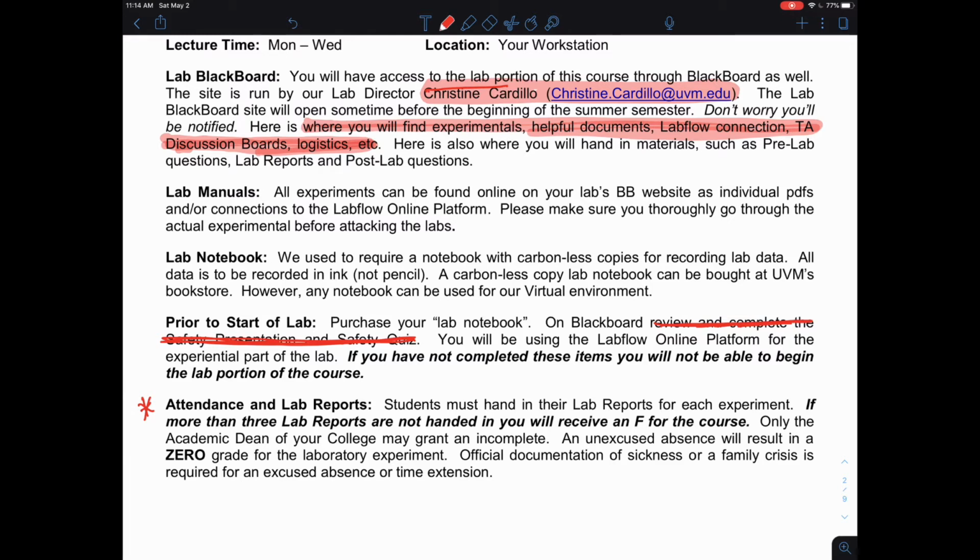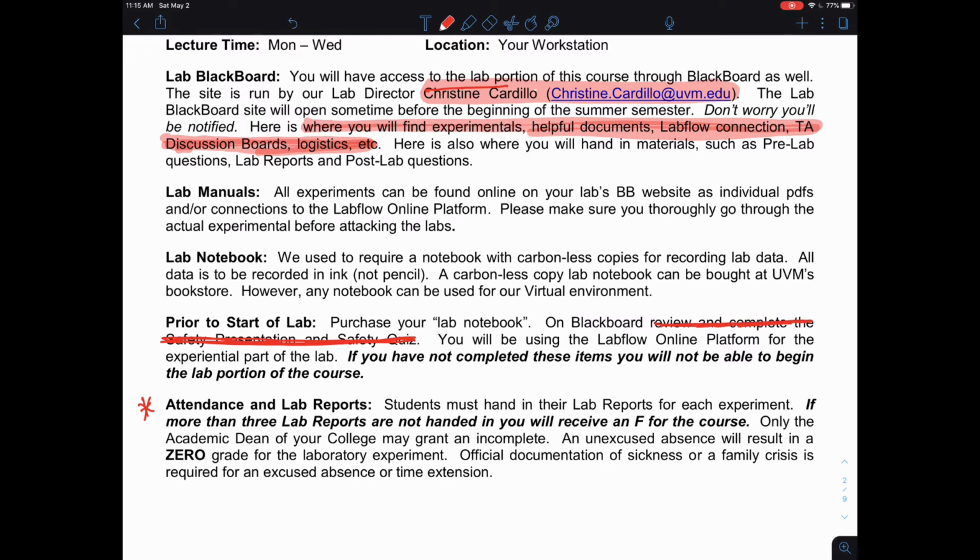Each lab has a lab report, which comes after the experiment, right? After you've done the virtual lab, and after you've written up a report, which includes some post-lab questions. So that will then be up to you to hand in before the Sunday that follows.